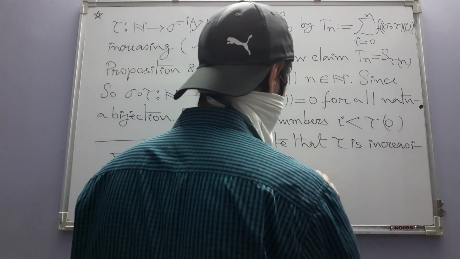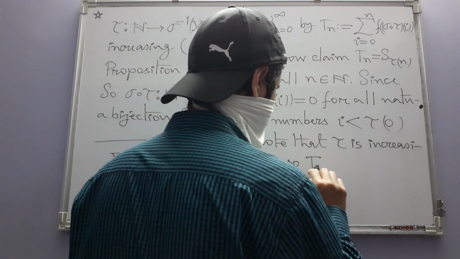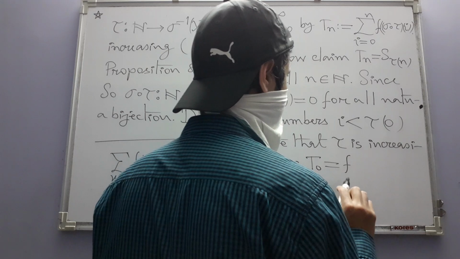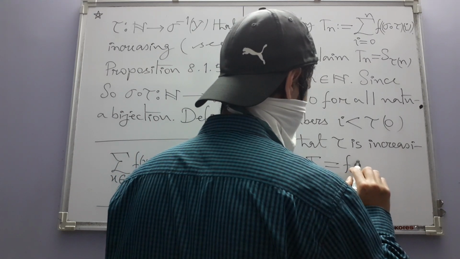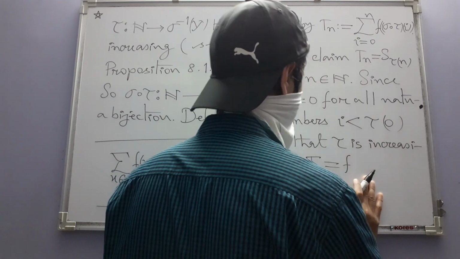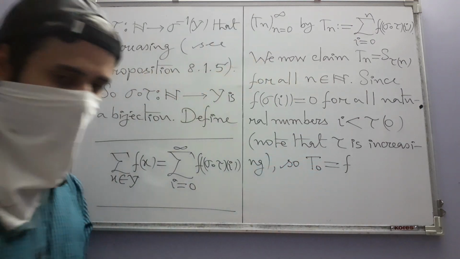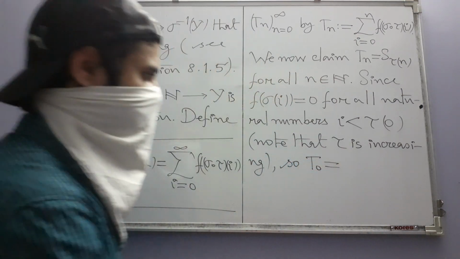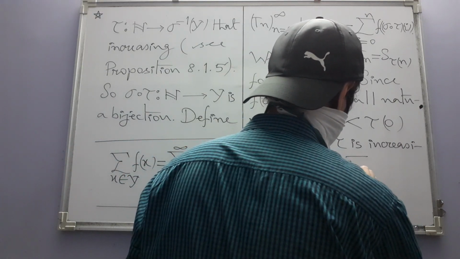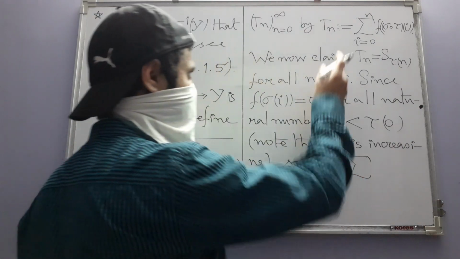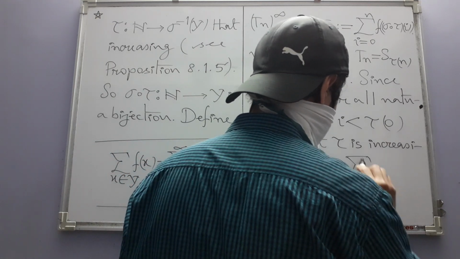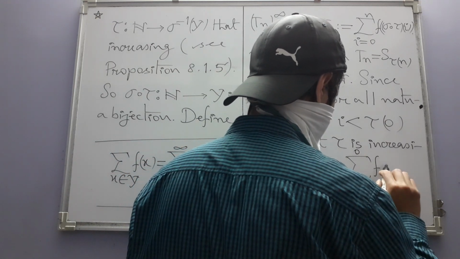So T0 is f of, let me be a little more explicit. Just simply if we use the definition of T, it becomes this.